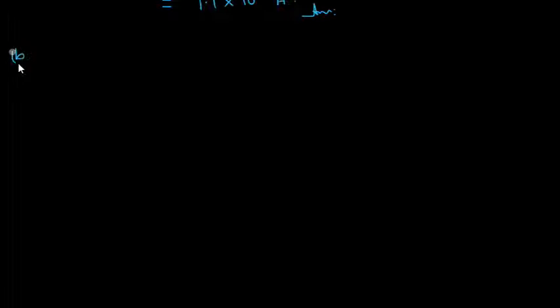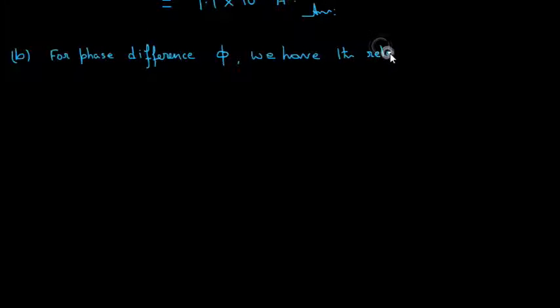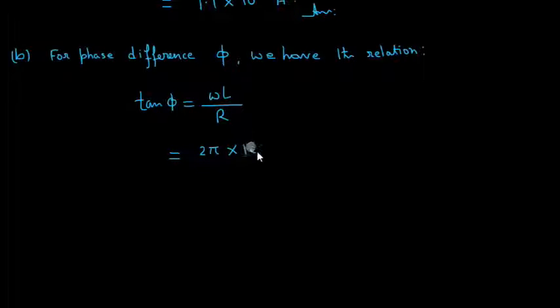Now answer for B. For phase difference phi, we have the relation tan phi is equal to omega L upon R, that is equal to 2 pi multiplied by 10 to the power 4 multiplied by 0.5 upon 100, which is equal to 100 pi.